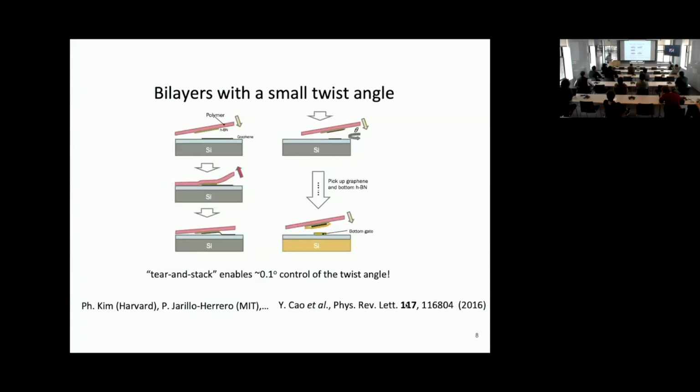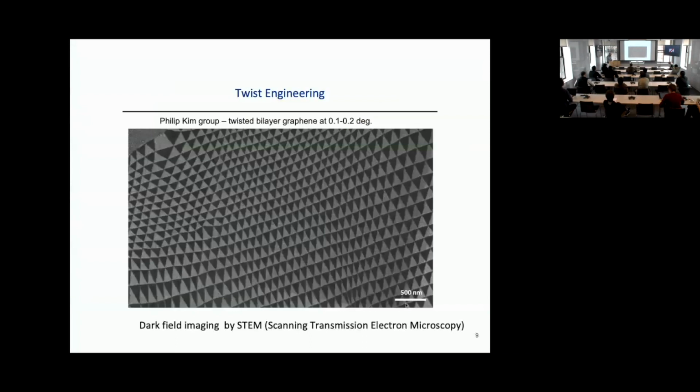This is an older slide. Many groups have applied this. This is an example from the work of Pablo Jarillo-Herrero and Philip Kim, with whom we've been closely collaborating for many years. And this is the kind of picture that you produce by dark field imaging with scanning transmission electron microscopy of these types of layers. Very interesting patterns.